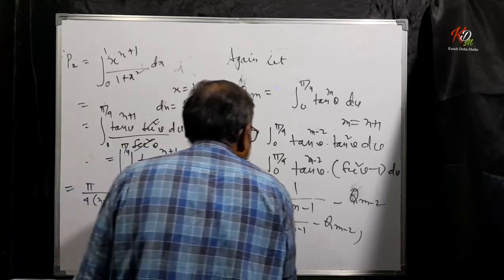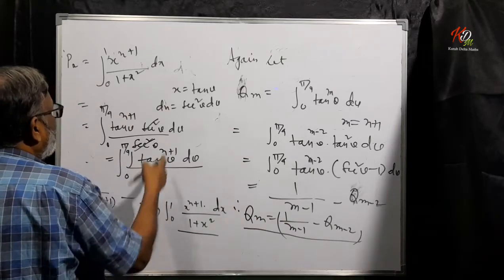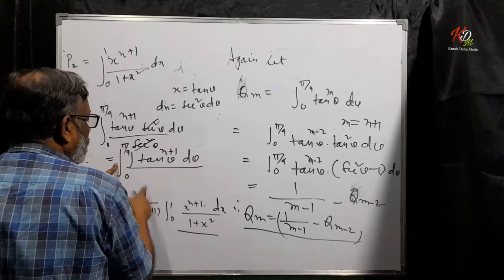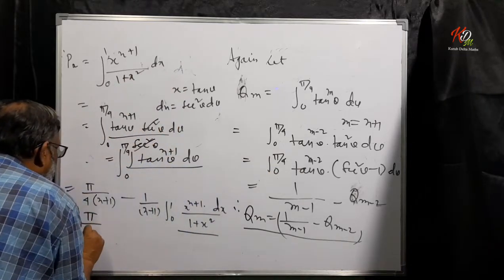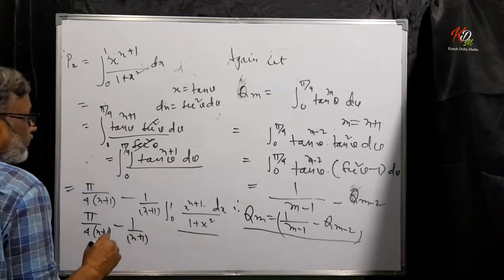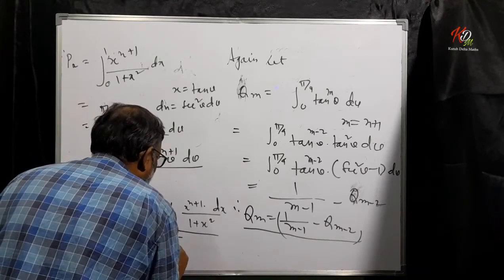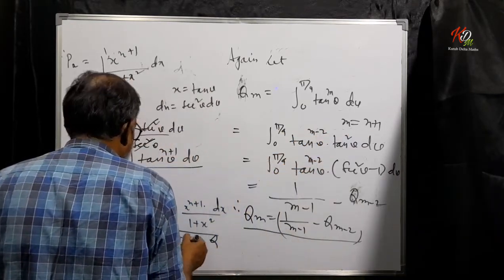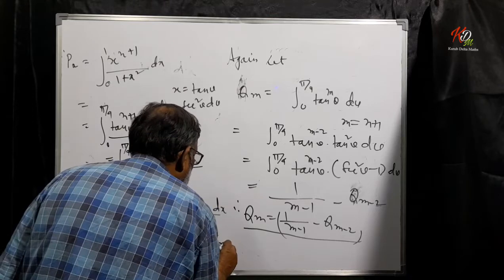So easily we can substitute the values of this. Now Pn, this value is Qm, so m equal to n plus 1. Now pi by 4 to the power n plus 1 minus 1 by n plus 1, that is 1 by m minus 1 minus Qm minus 2, where m means n plus 1.